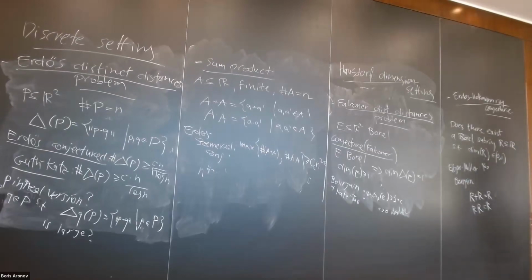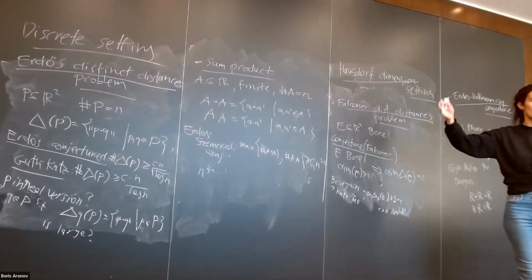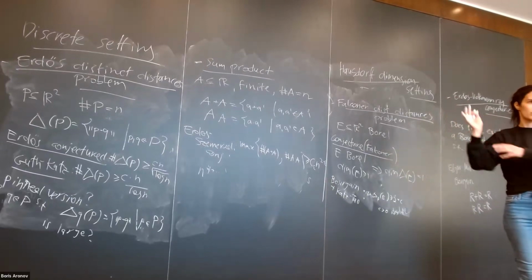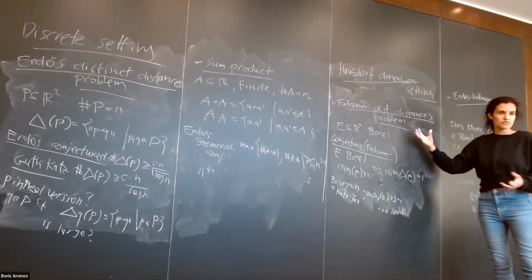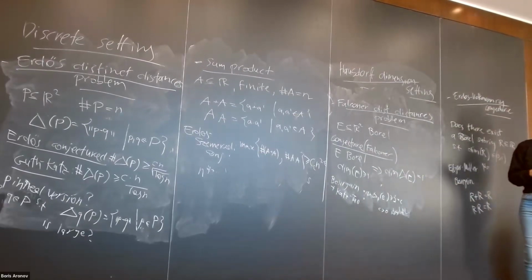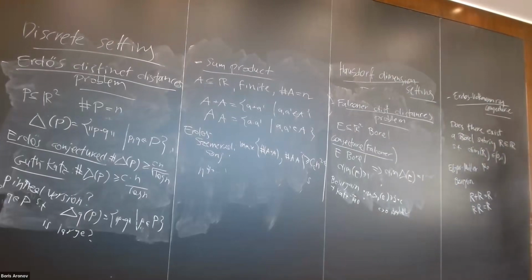And the question is really, do those settings only look the same but require different tools, or do they have anything in common? If you look at the papers, for example, that improve the Erdős distinct distances problem, you see that the researchers that work on this problem are different from the researchers that prove the results on Falconer. So maybe it's just two different questions that look similar.